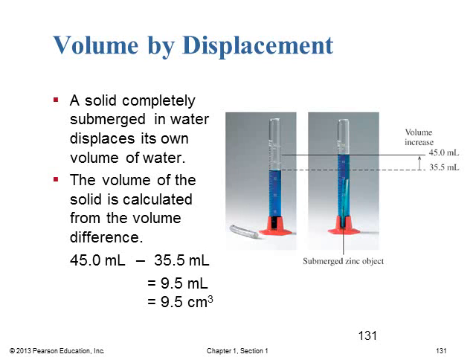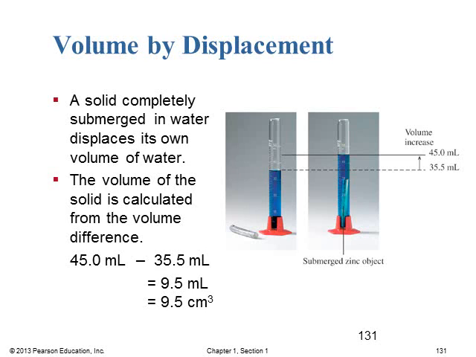Sometimes, especially for irregularly shaped objects, we use a technique called displacement to measure the volume. What this means is you're going to displace water. You have water of a known volume in this graduated cylinder, in this case indicated as 35.5 milliliters.